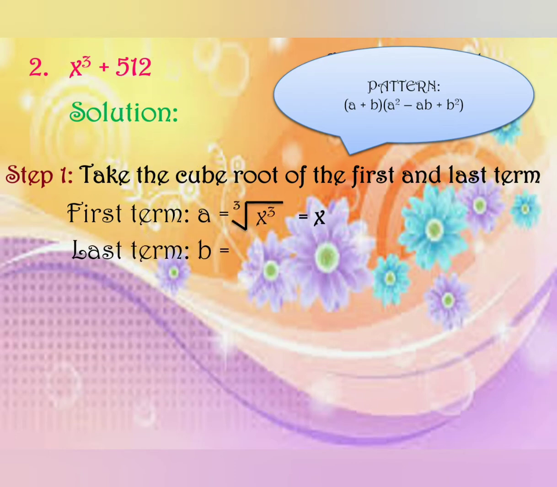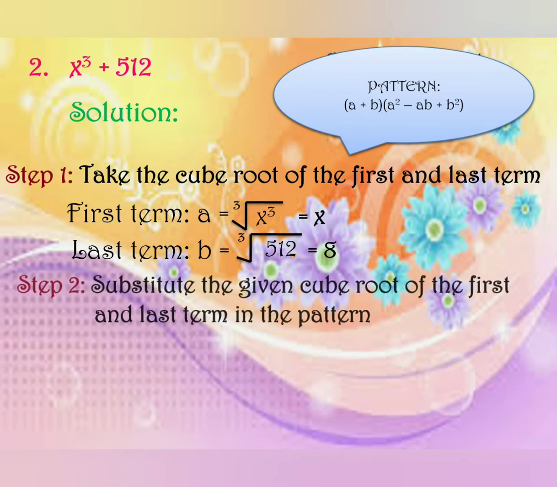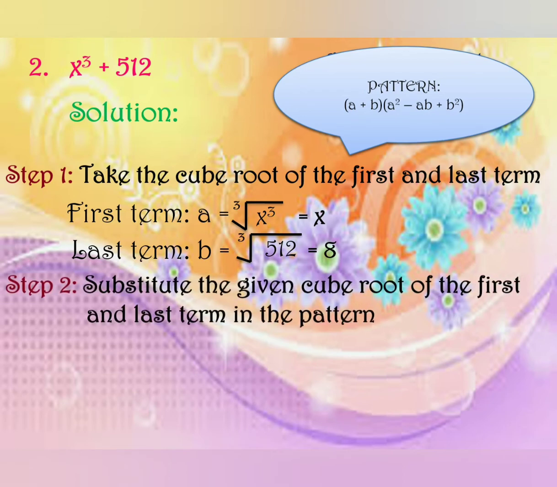Our last term is 512, so the cube root of 512 is 8. Step 2, substitute the given cube roots of the first and last term in the pattern. So we have a equals x and b equals 8.